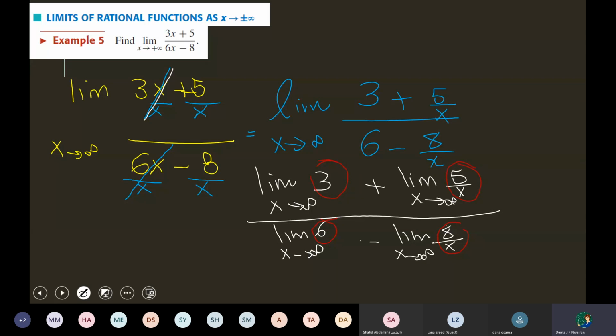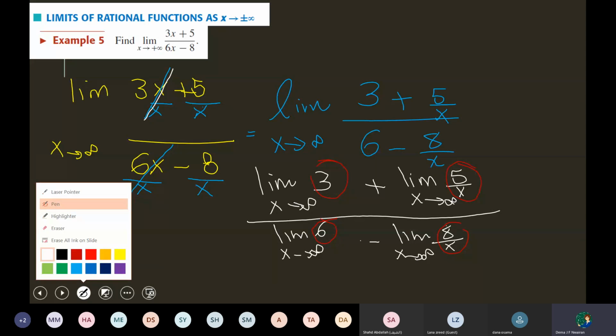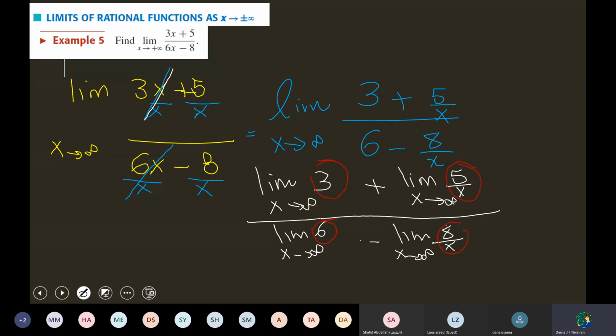Now, limit 3. The limit of any constant is the same as the constant, which is 3, plus 5 over infinity. As we said previously on Sunday, if I have the limit of 1 over x when x approaches infinity, it is equal to 0, because it's like 1 over infinity, which is 0.